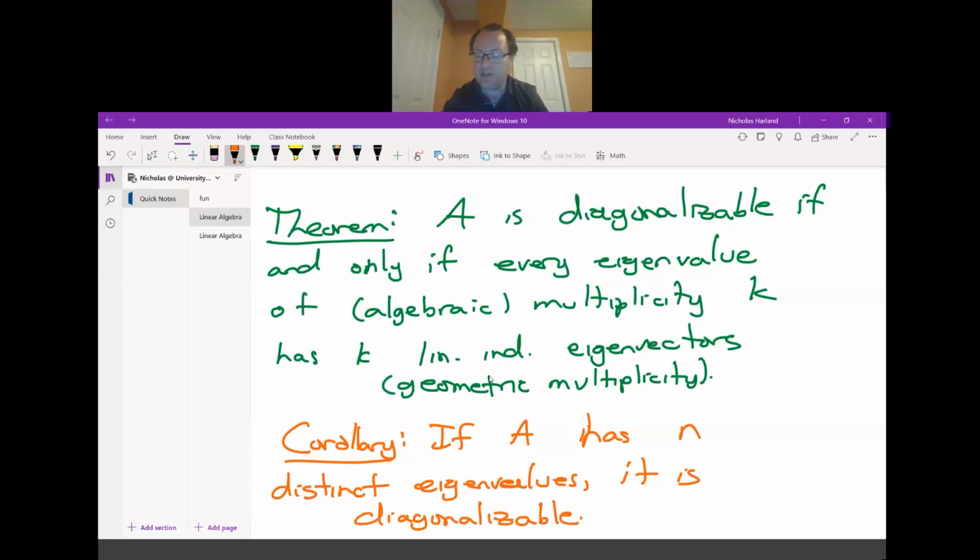That's not an if and only if. You can still be diagonalizable if you get the correct number of eigenvectors for repeated roots. But if you don't have repeated roots, we know we're diagonalizable automatically. So the vast majority of matrices are diagonalizable. Unfortunately, not all of them.